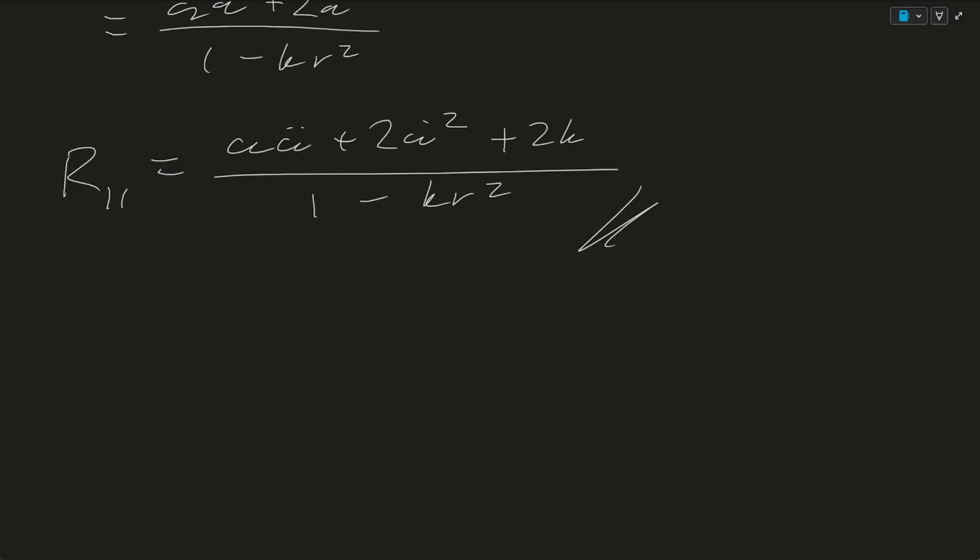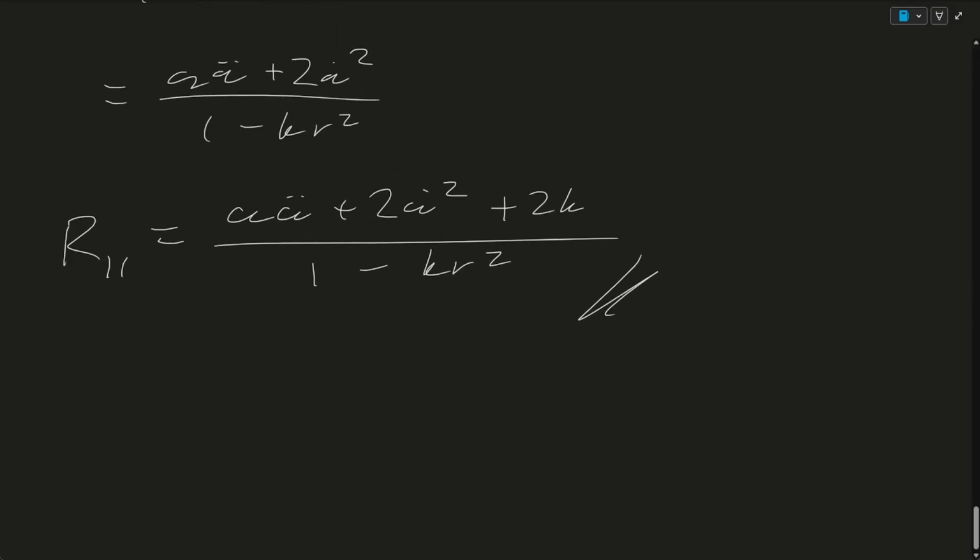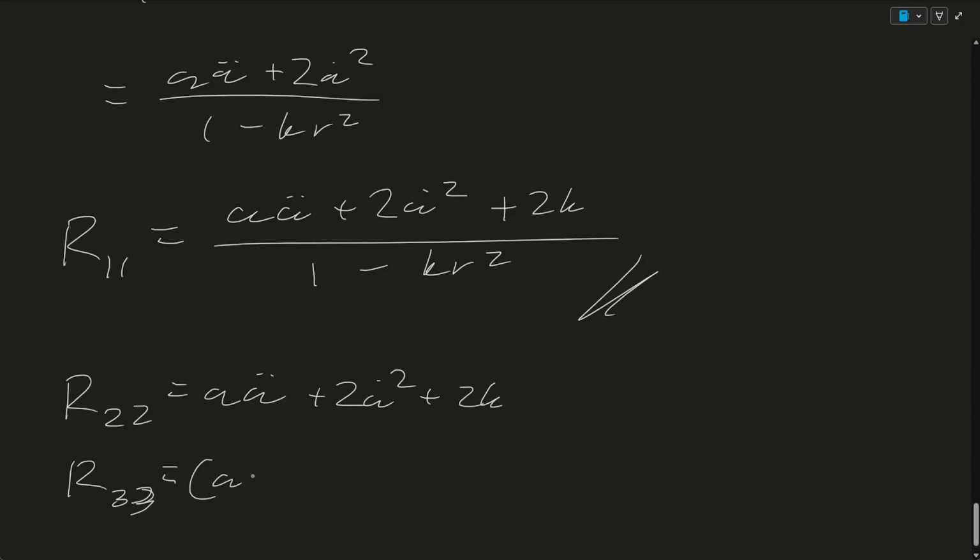I'm not doing the 2, 2 and 3, 3 components. You just do the same thing. R22 is equal to a double dot plus 2a dot squared plus 2k, and R33 is equal to a double dot plus 2a dot squared plus 2k sine squared.